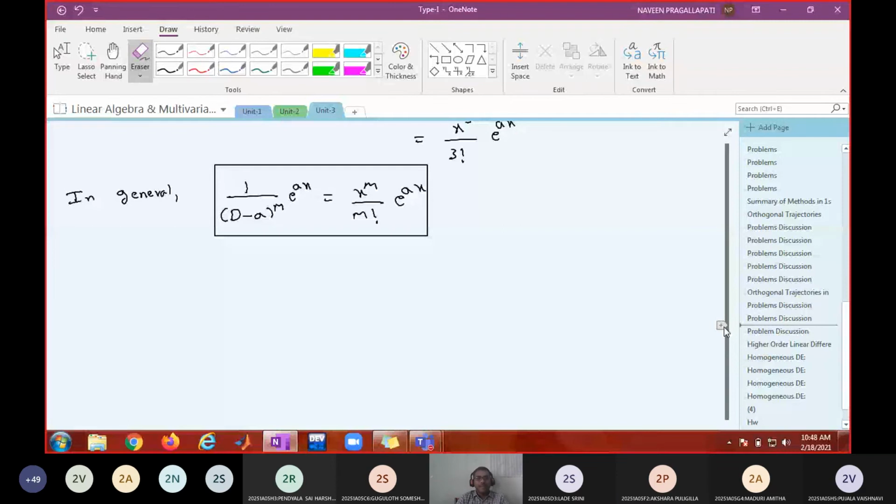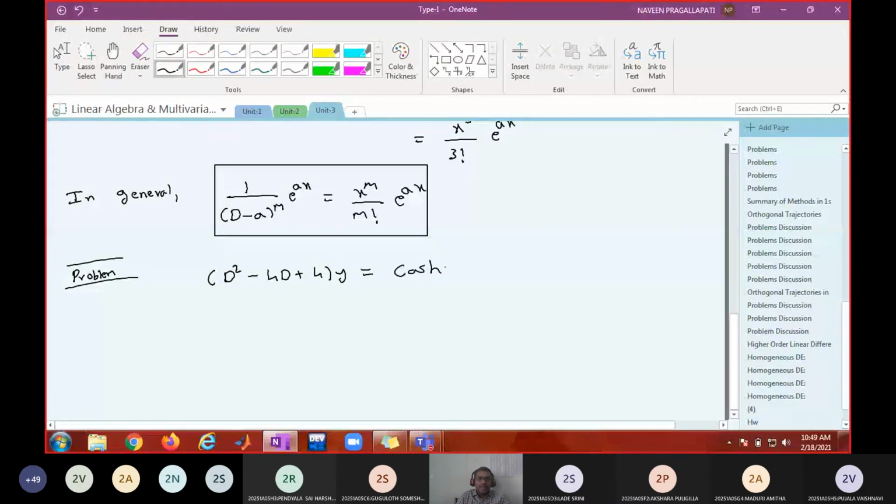Yes, sir. Right. Now take this problem. Solve d square minus 4d plus 4 of y equal to cos h 2x.